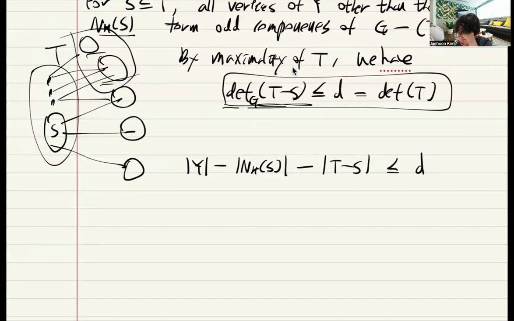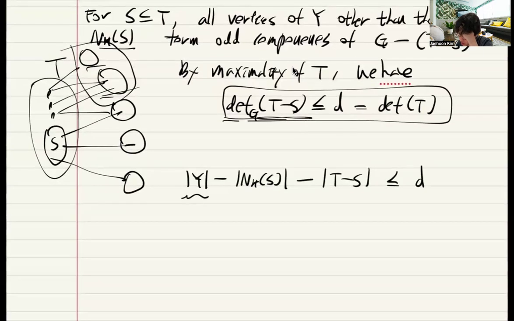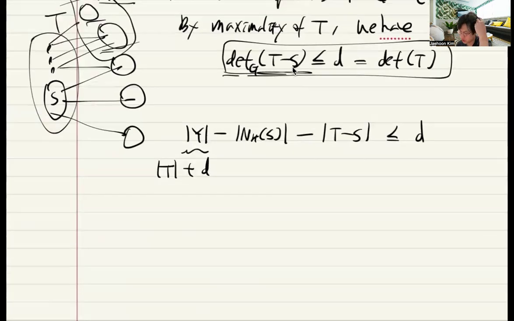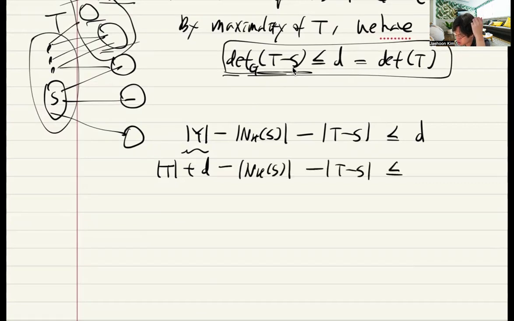Then what do we know? Y was the same as T plus D. The number of vertices in T plus the deficiency was exactly the number of odd components. Then what do we get? This minus this is S, this cancels out, so you get this.